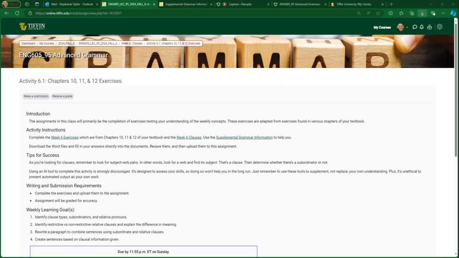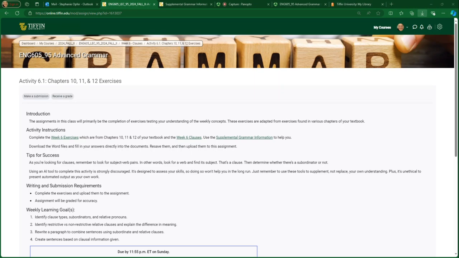So remember, the relative pronouns are who, which, and that, and all forms of who. What you're looking for in these sentences are who, which, and that, and then determine whether that who, which, or that is functioning as if there's a clause. So remember your definition of a clause. It's got a subject and a verb.